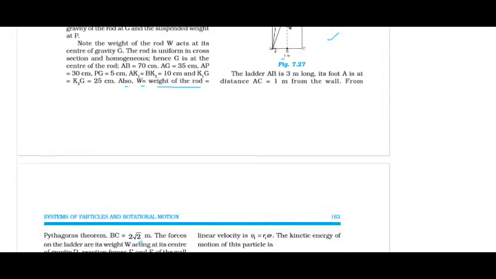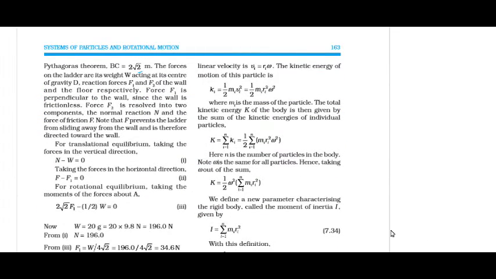Now let us see F1 and F2 on the wall and the floor respectively. Force F1 is perpendicular to the wall since the wall is frictionless. Force F2 is resolved into two components, the normal reaction N and the force of friction F. Note that F prevents the ladder from sliding away from the wall and is therefore directed towards the wall.